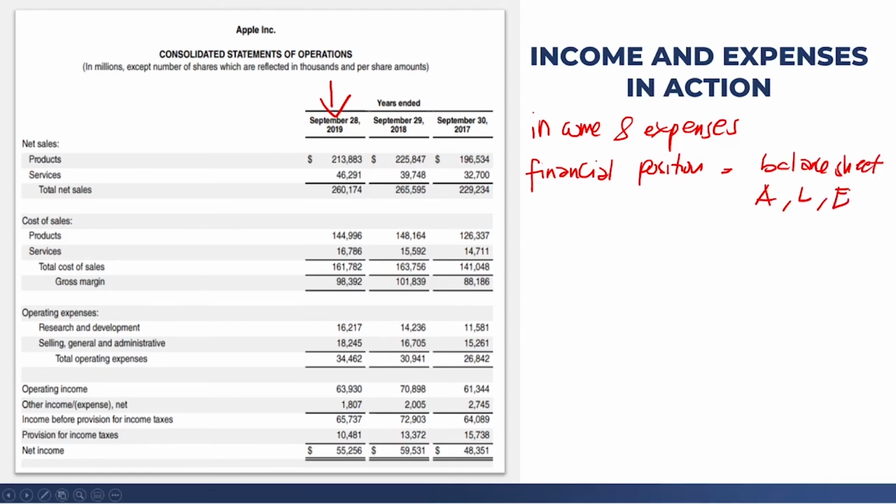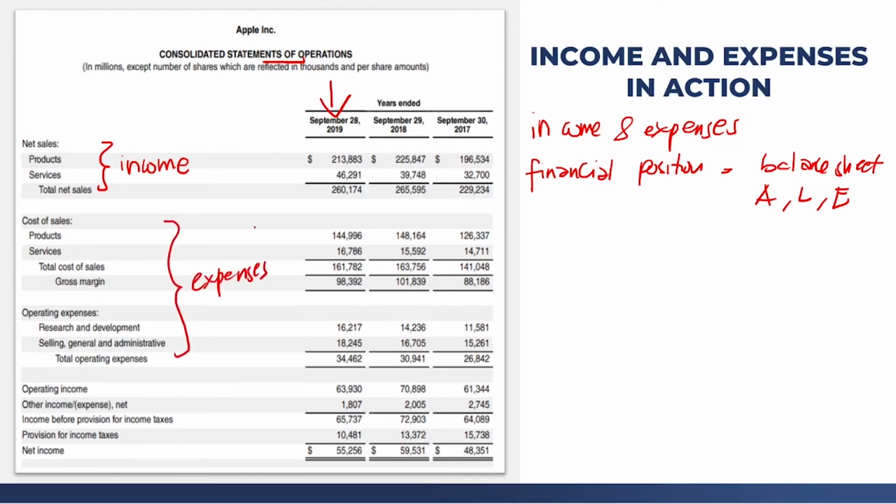So we can split the statement of financial performance, or the statement of operations, into three parts. The top part is the income, normally from operations. This part right here is the expenses.